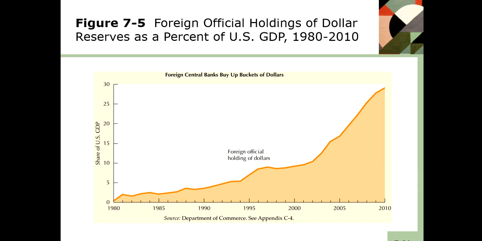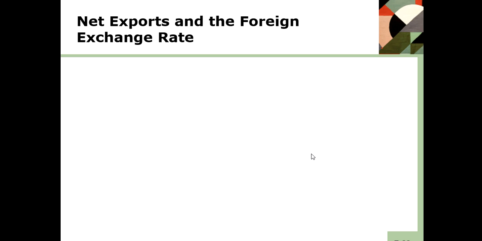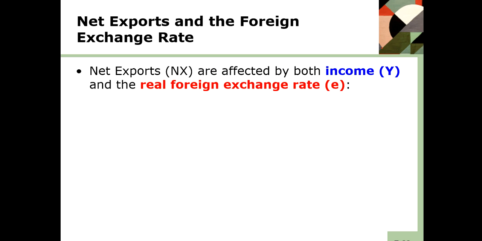So this figure shows the volume of foreign currency official holdings of dollars, okay, as the percentage of GDP. So as the GDP is growing, increasing, the reserve is also increasing. Okay.